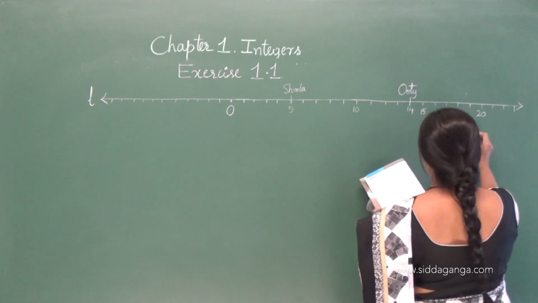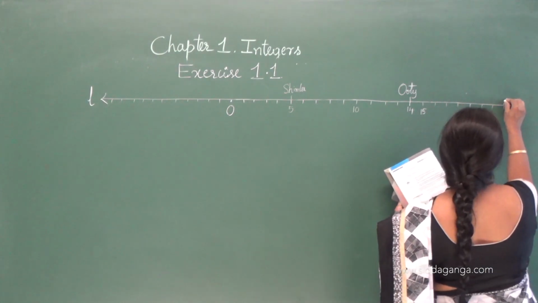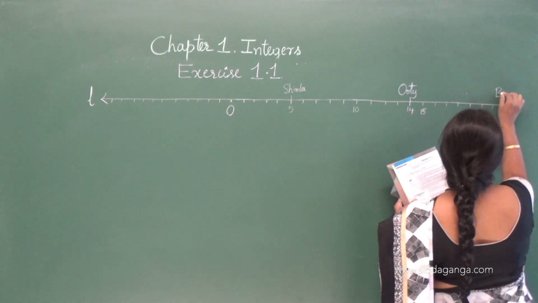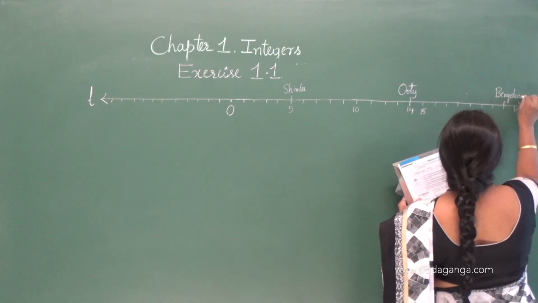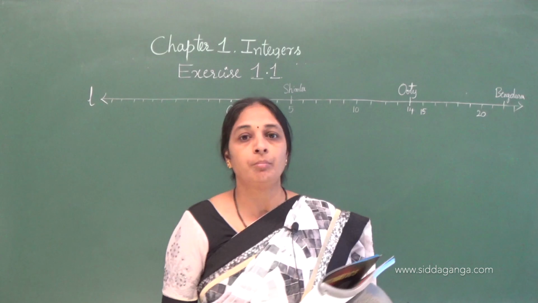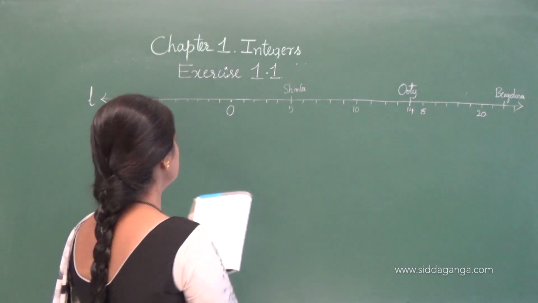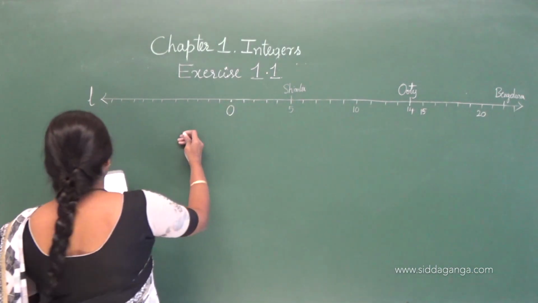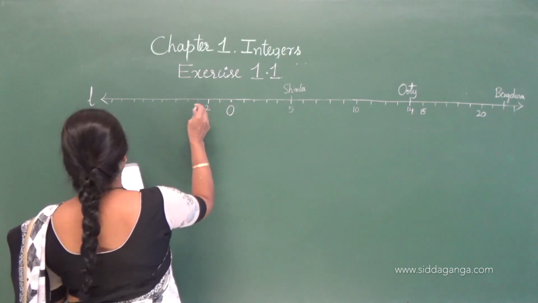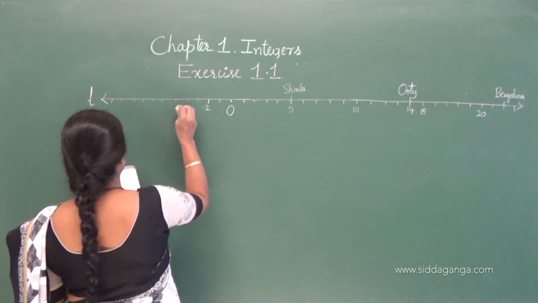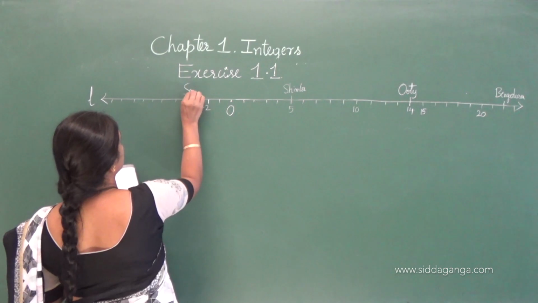It is 20. At 22 they have given Bengaluru. It is Bengaluru. Then to the left of the 0, at the minus 2 degree they have given Srinagar.